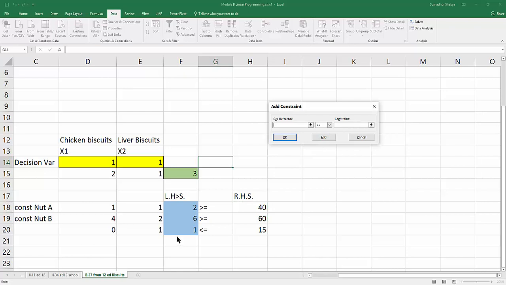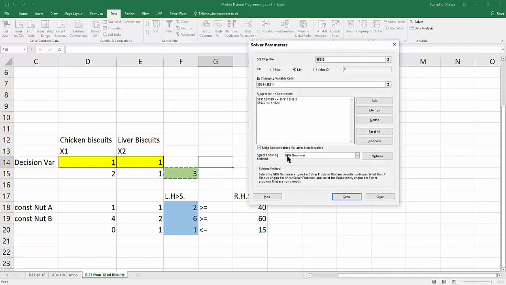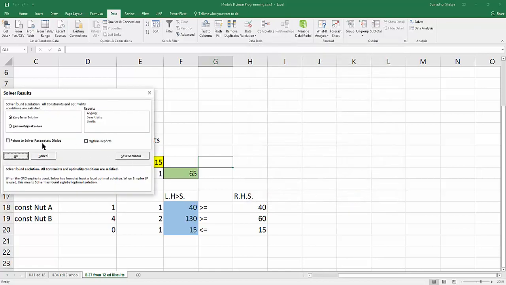Also the last condition has to be less than or equals to 15. This time hit OK, make sure that this is checked. This takes care that x1 and x2 are non-negative, which means 0 or positive, and we choose Simplex LP, and then we hit solve. Once we hit solve, we make sure that we keep the solver solution.